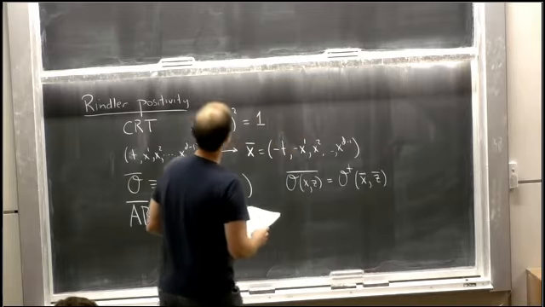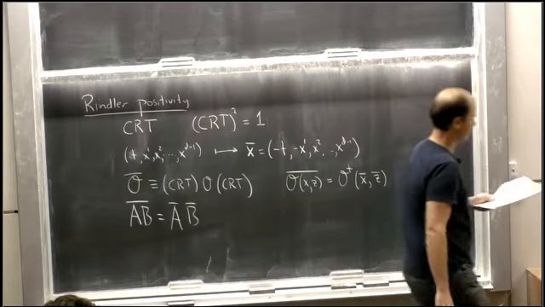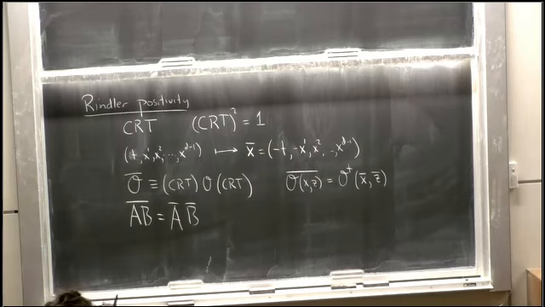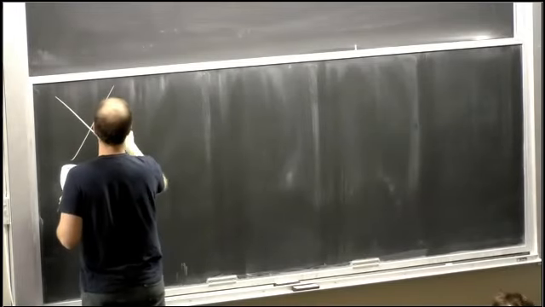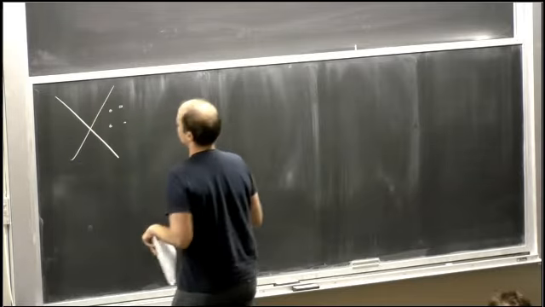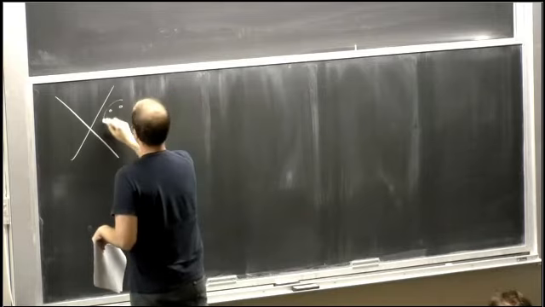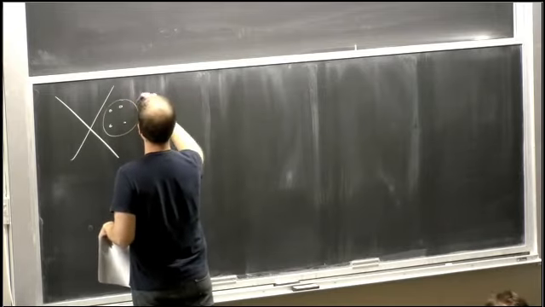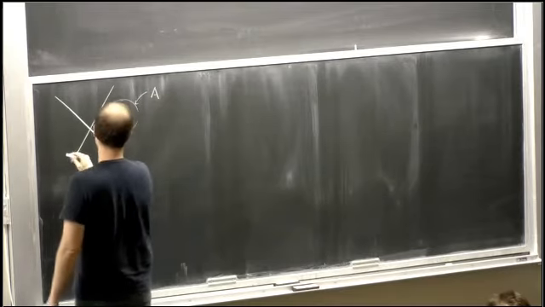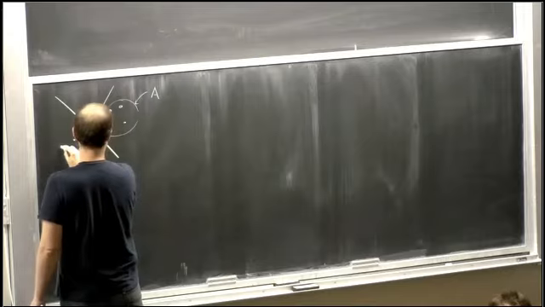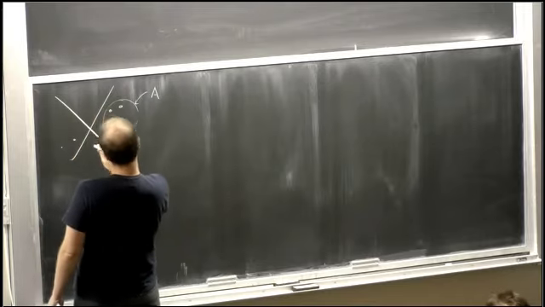Okay, so the statement of Rindler positivity is that if you have a collection of operators localized in the right Rindler wedge, and I'll call this product of operators A, then we can take its reflection. Maybe I drew too complicated a picture to allow myself to take the reflection here.